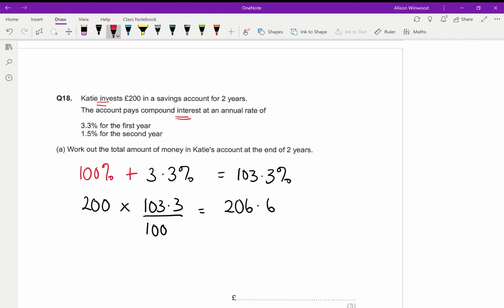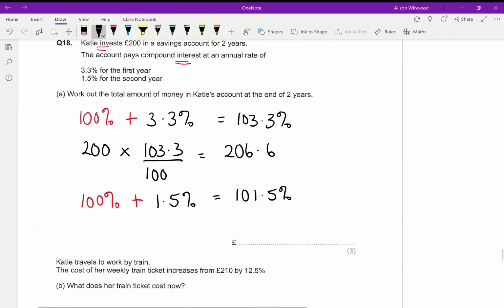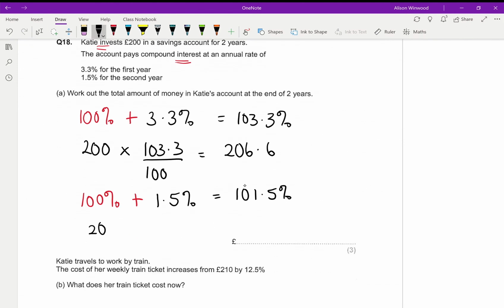Then in the second year, it's still invested, so it's still 100% plus, and this time it's 1.5%, so that's 101.5%. But now Katie has £206.6, and she's going to get 101.5% of it.